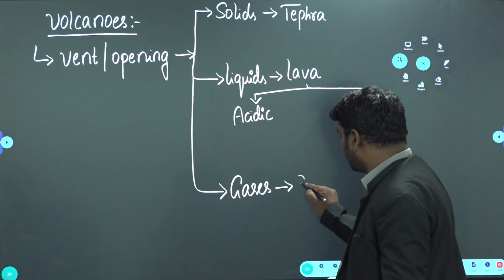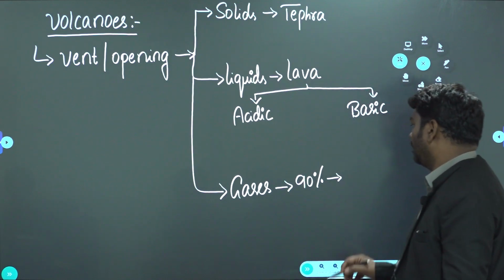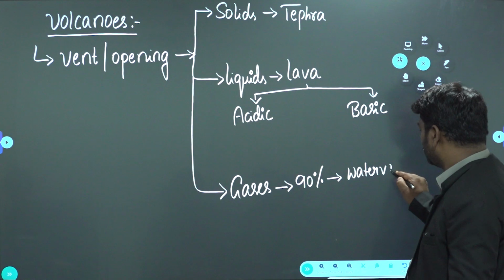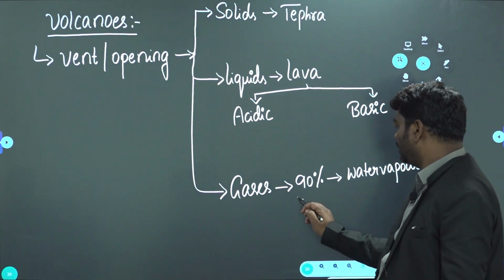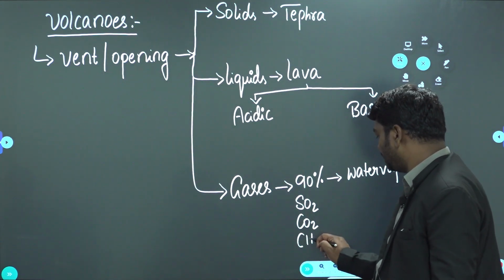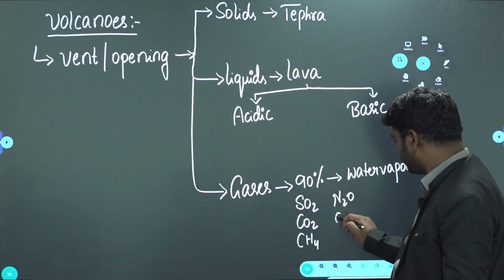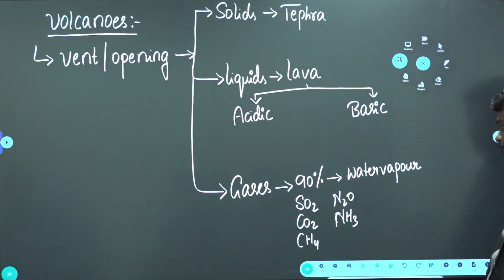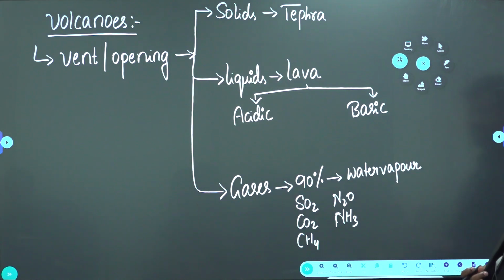Gases, 90% of it will be water vapours. And then you will have sulfur dioxide, carbon dioxide, methane, nitrous oxide, ammonia. Fine.